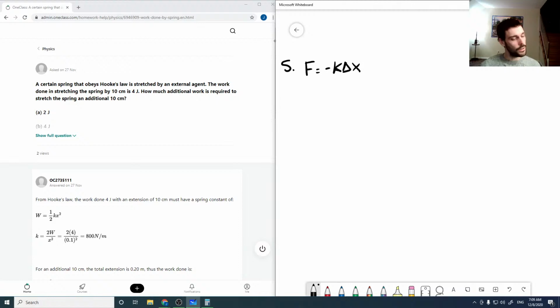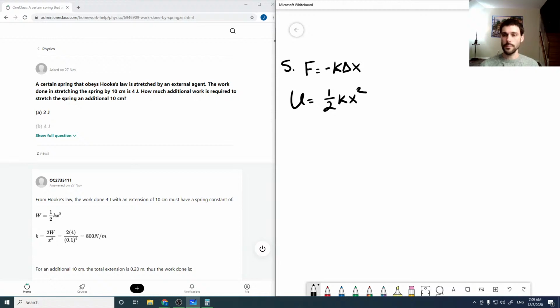So our energy, or potential energy, I should say, our potential energy is 1/2 kx squared.